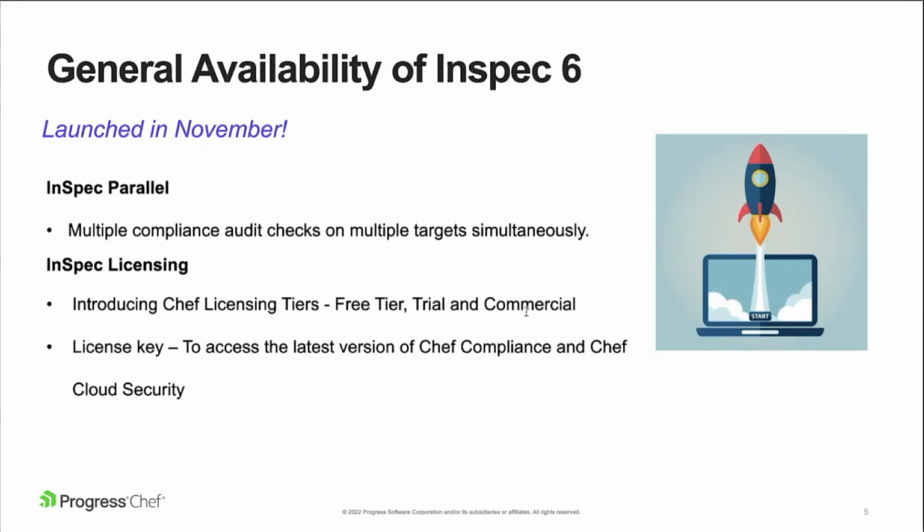I'll give more details about the InSpec Parallel feature in the next slide. Another key aspect introduced as part of InSpec 6 is the free tier, trial, and commercial license key. Users have to enter a license key to perform InSpec execution moving forward. I will cover more on licensing aspects in upcoming slides.